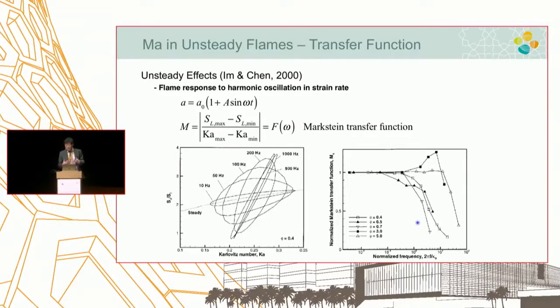I hope I'm giving you some convincing argument about how this fundamental theory actually serves the design of the practical systems. Because in a nutshell, however complex a device is, locally we have to examine the flow-flame interaction.